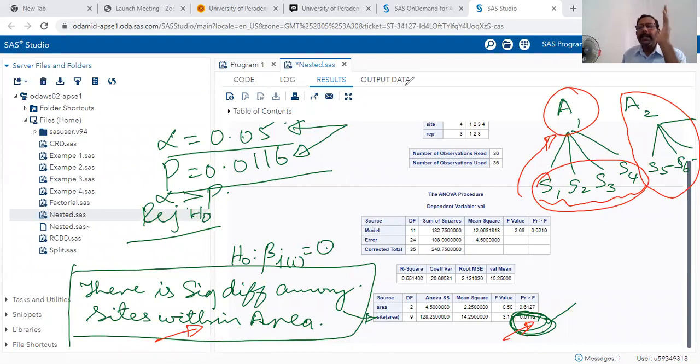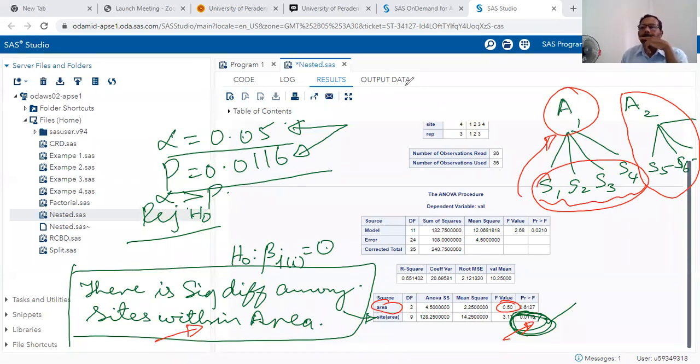This is about the site effect. Now, what about the area effect? For the area effect, we cannot consider this calculated value, because it is divided by the wrong error term. Any questions? Because I'm going to erase this. Now we are going to look at how to interpret the area.